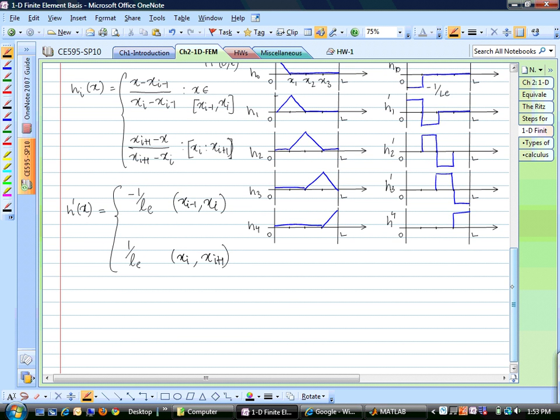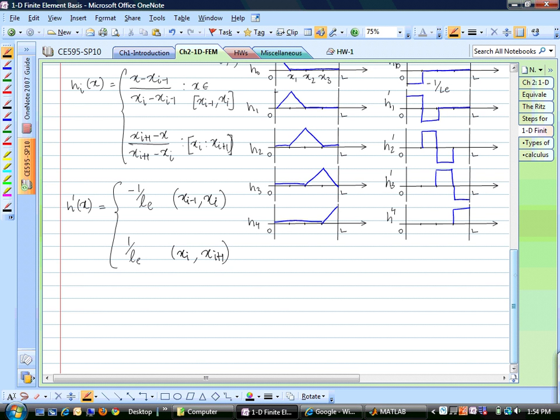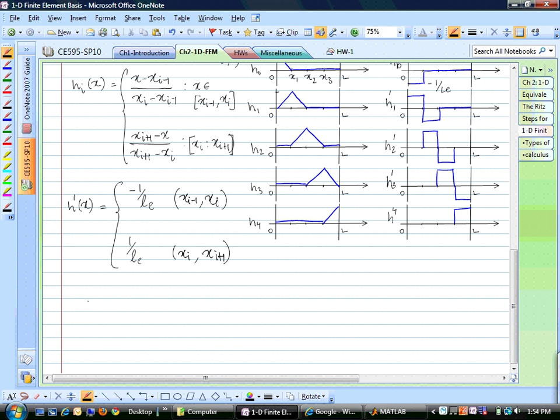So now if we start to put this back into our weak form, let's see what types of stiffness matrix and load vector we get. For the stiffness matrix, we said that it needs to be integrated from 0 to L, and it has to be H prime and H prime transpose dx.